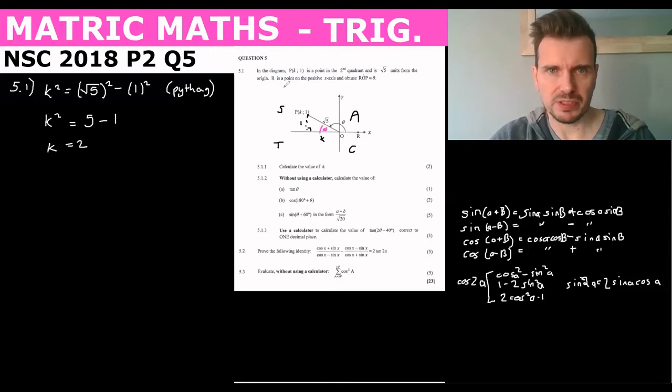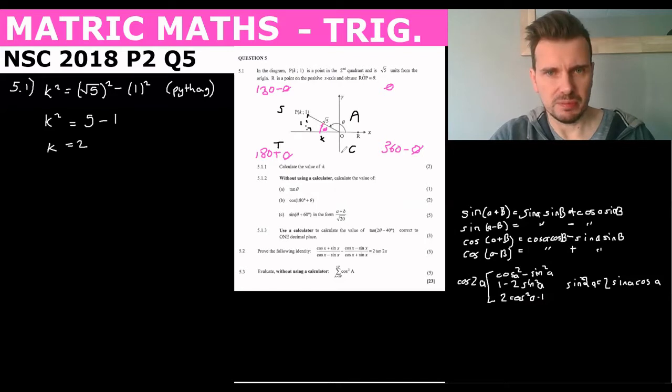Because remember, this is the 180 minus theta quadrant. This is theta, this is 180 plus theta, and that's 360 minus theta. So if we see this as theta here, then we can think of this as being just 180 minus theta. And so this becomes our theta.